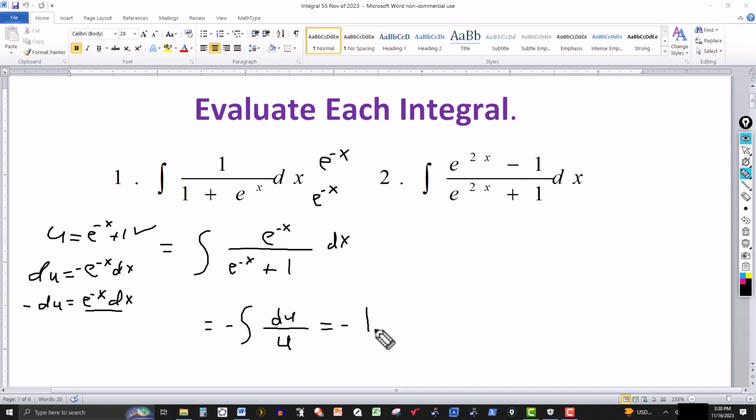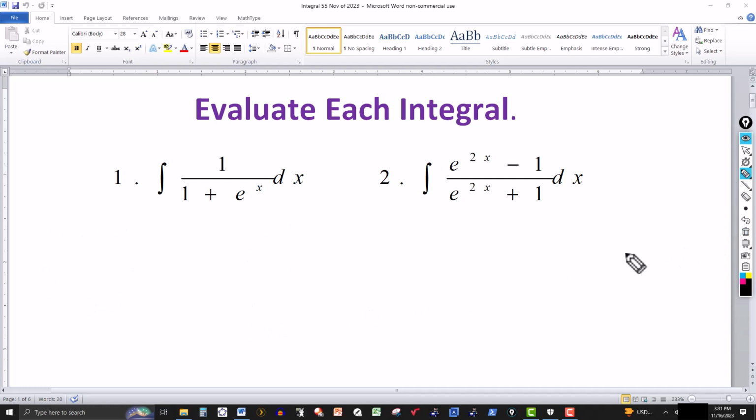That's just the natural log of the absolute value of u, which is this right here. But e to the minus x plus 1 can never be negative. It's always positive, because e is positive, doesn't matter what the exponent is, that's going to be positive, and you've got a plus 1. So I don't need absolute values here. This would just be negative natural log of e to the minus x plus 1 plus a constant of integration. And that is your solution for this one.